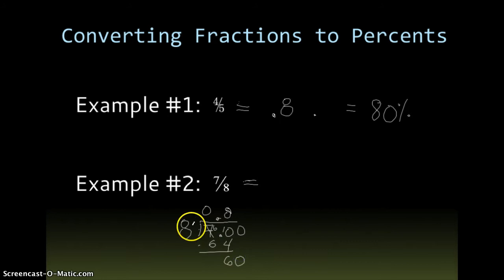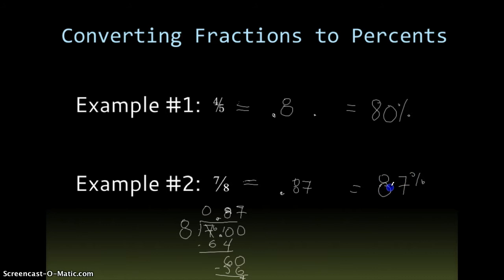Bring down our 0, that's 60. 8 goes into 60, let's see, not 8 times, but 7 times. So we have 0.87, and 8 times 7 is 56. You can subtract, and that's 4. Okay, so we have 7/8 is the same as saying 87 hundredths, and that's same as saying 87%.